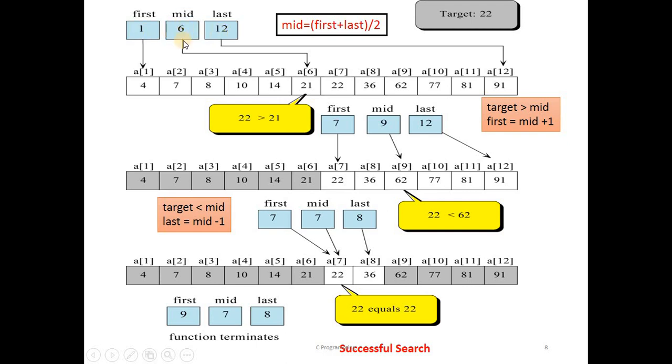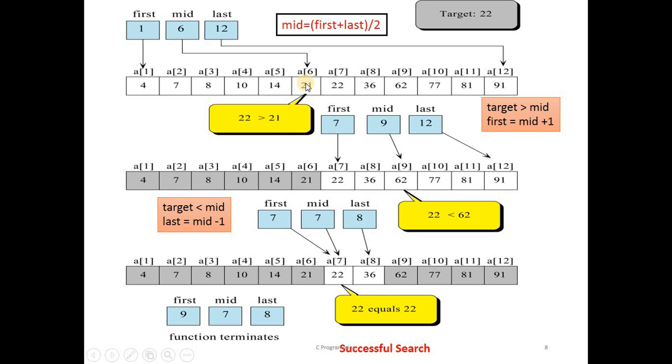I will search for the target key, that is 22, at this middle index, the 6th index, A6, but at A6 there is 21. So a mismatch occurs, नहीं मिला मुझे जो हम ढूंढ रहे हैं, that is, 22 is not present at this middle index.